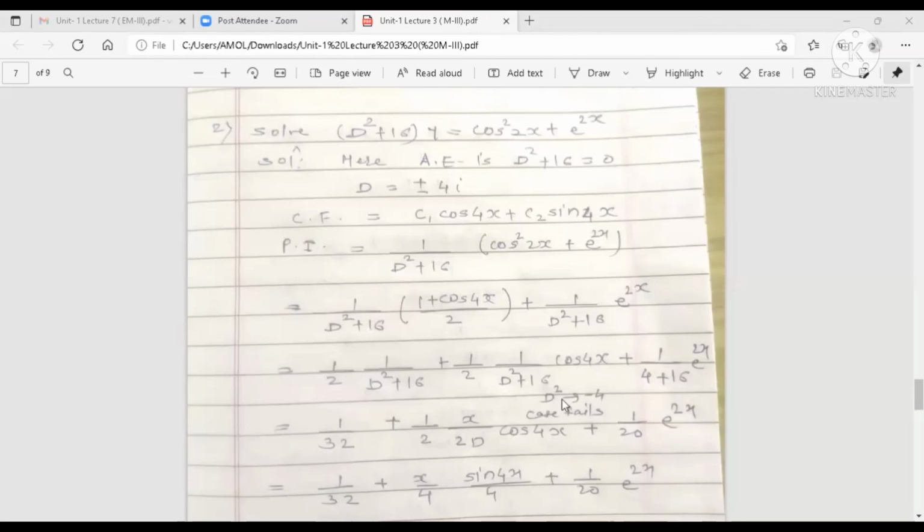Replace here d square by minus 16. It is not minus 4, it is minus 16.